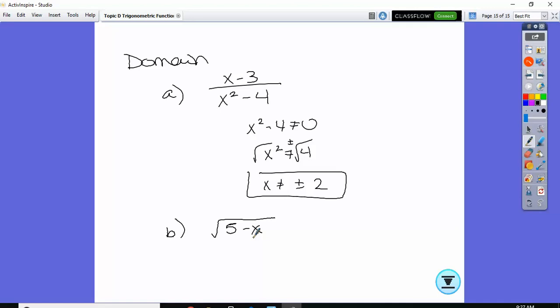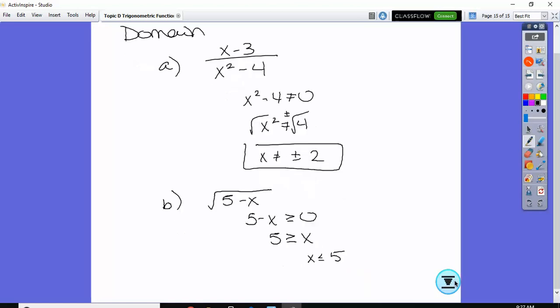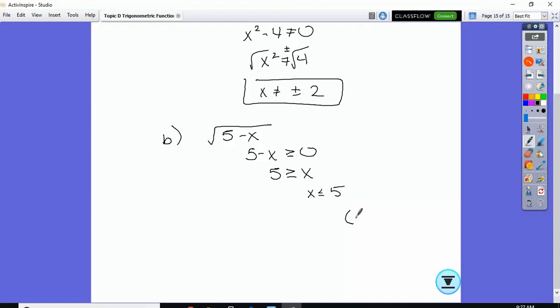If you have an even radical, so like a square root, what do you have to do with the thing underneath? It has to be positive. So 5 minus x has to be greater than or equal to 0. If I add over my x, 5 is greater than or equal to x. So that means x is less than or equal to 5. And remember, on those I did ask for interval notation. So that would be negative infinity to 5 with a bracket.